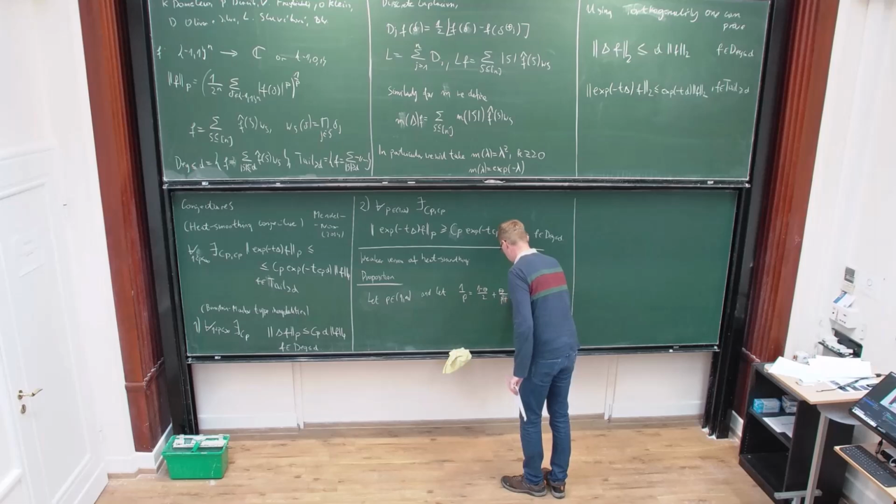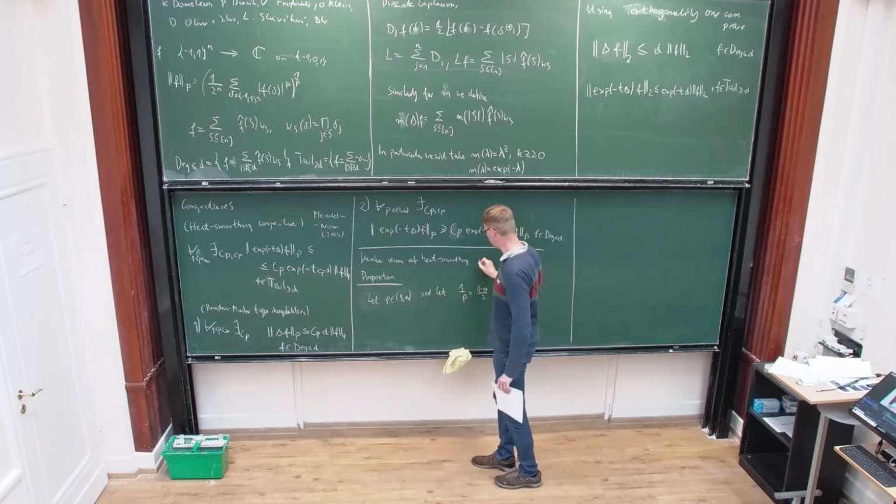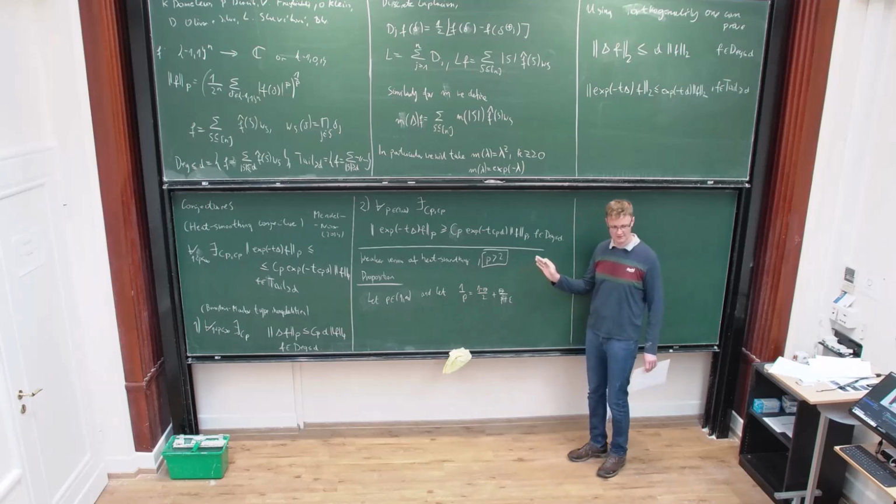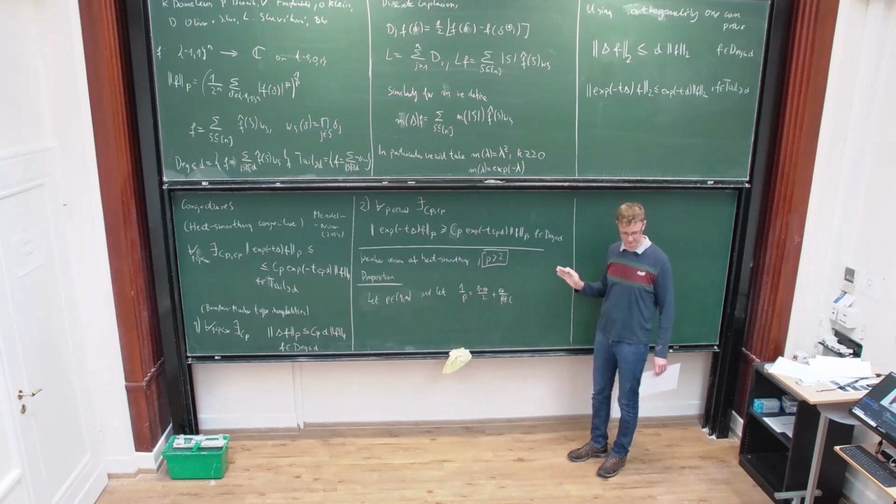Sorry. For the remainder of the talk, I'm going to speak only about p greater than 2, because in other cases some of the results will need to be reformulated, but that's not so relevant for this talk.